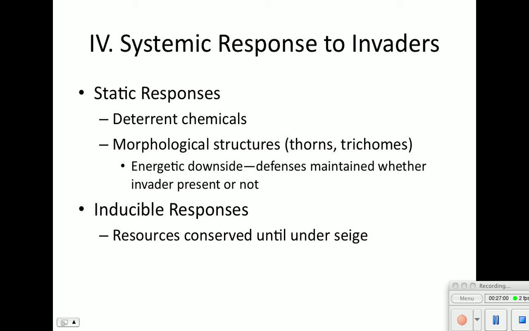And so these defenses, both of these, are maintained whether or not an invader is present. So these are generic. Inducible responses are conserved until the attack actually happens. And so there's a switch where all these chemicals or these structures start to be made to deter predators.